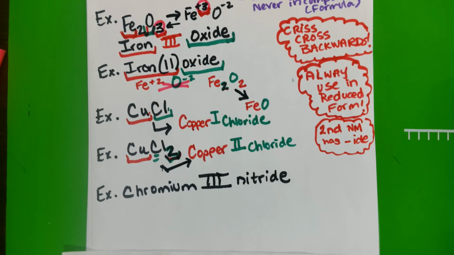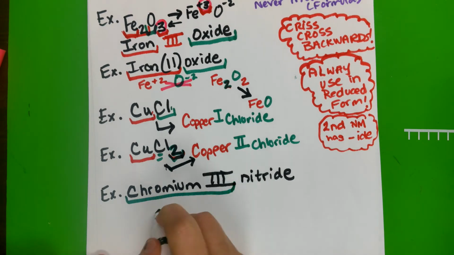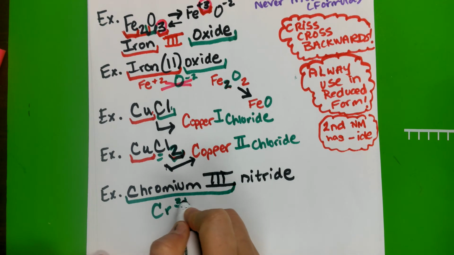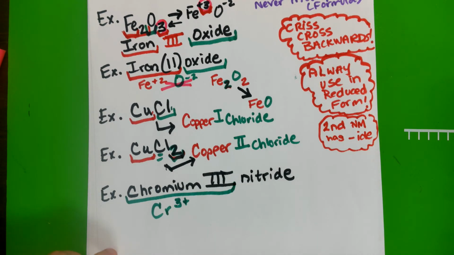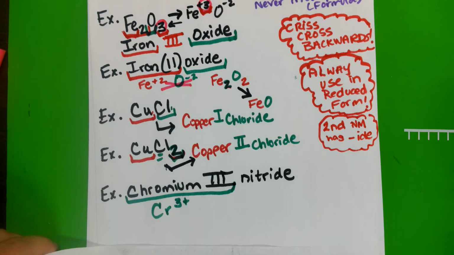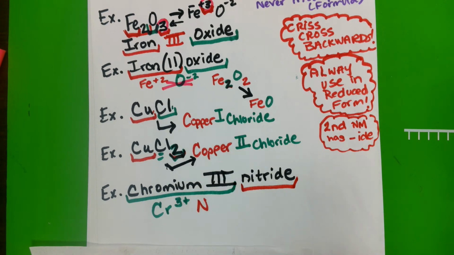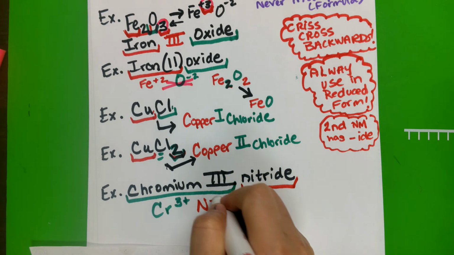So Cr3 plus. I'm going to put this one in green. Then nitride is 3 minus. I'm going to use nitride as red. So N, and there will be minus 3.